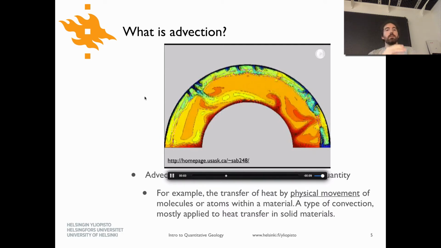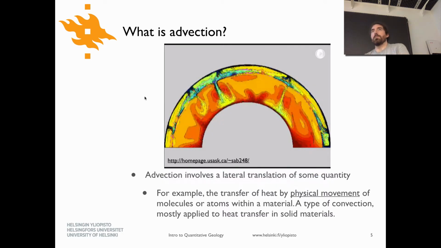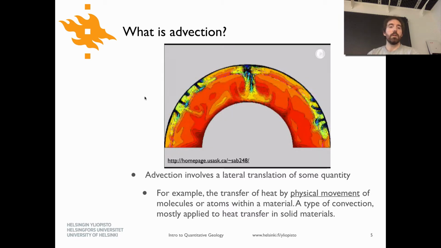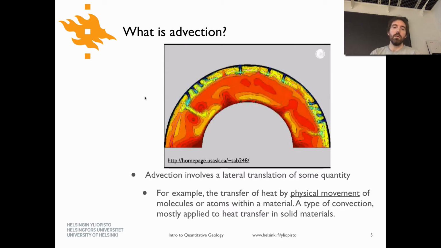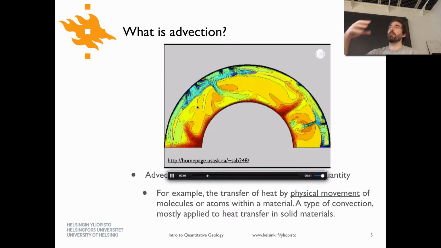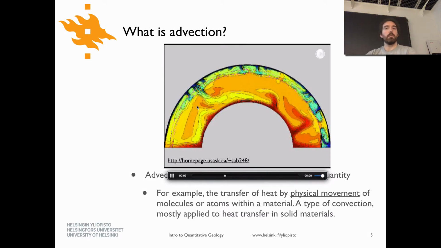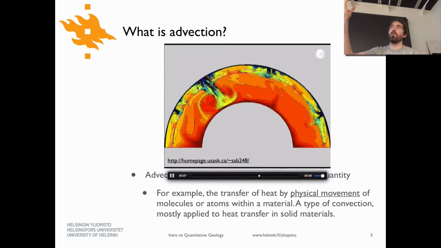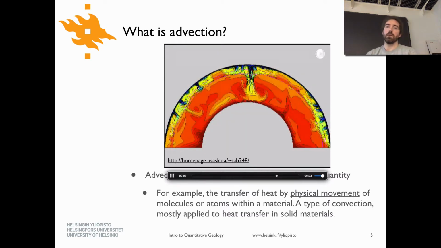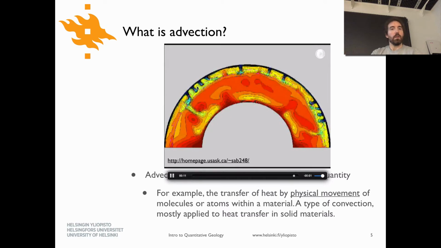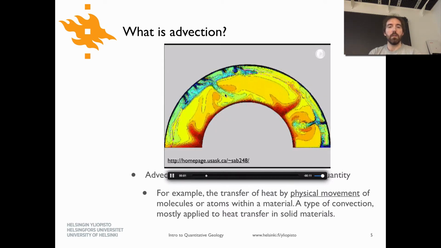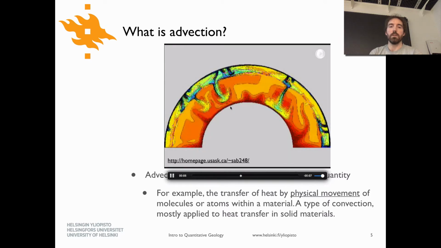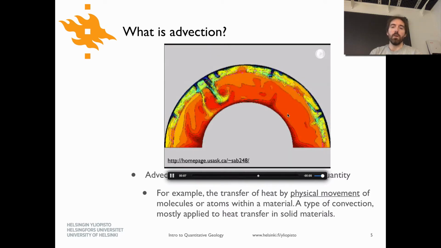So in this case, advection refers to the physical transport of some kind of quantity. Here it's heat. When rock is convecting, as it moves along, it carries with it the heat that it has, so that when rock comes from the surface where it's relatively cold and sinks down into the interior of the earth, it takes that cold material down into the lower part of the mantle, and you see temperature anomalies wherever you have subduction or upwelling.